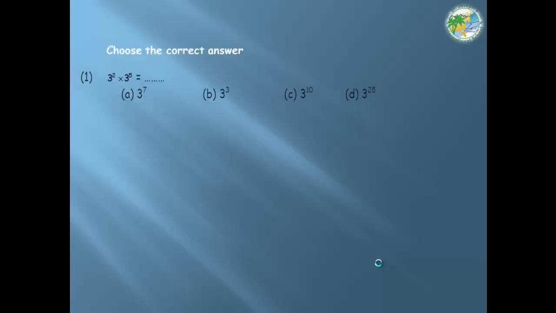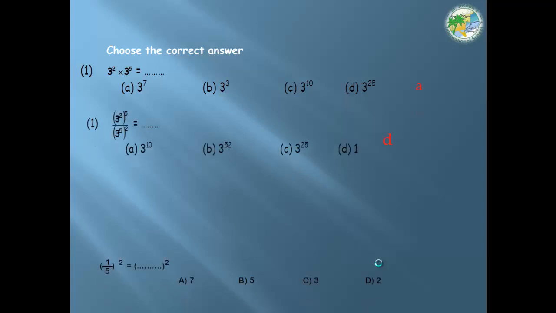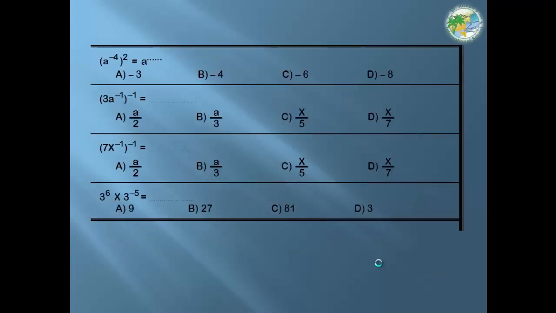Choose the correct answer. For the same question, okay? The next slide. A power negative 4 power 2 equals a power what? We studied in the last lesson, if we have two powers multiplied together, it equals a power.